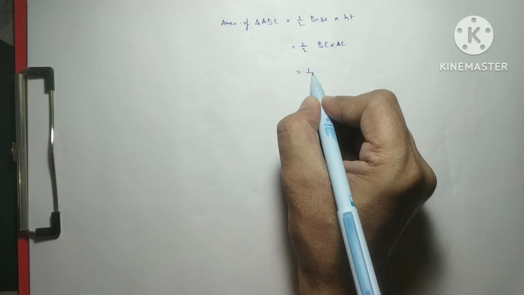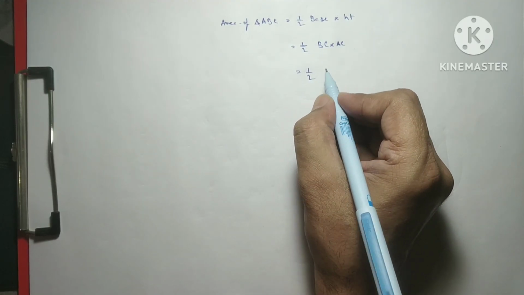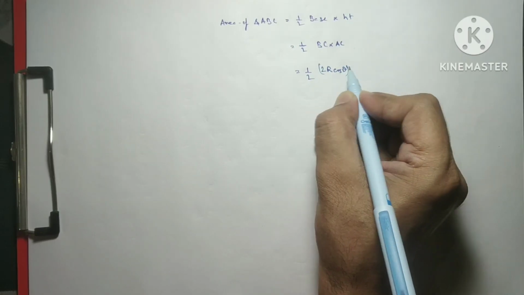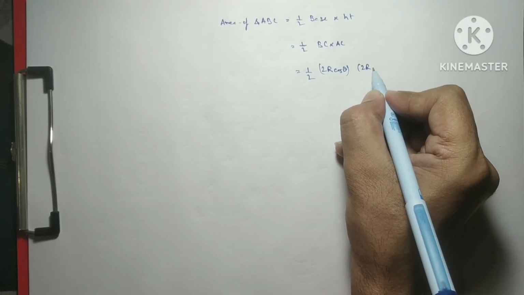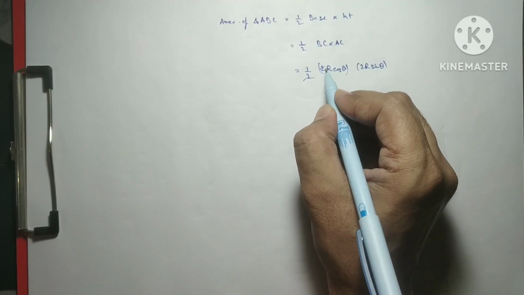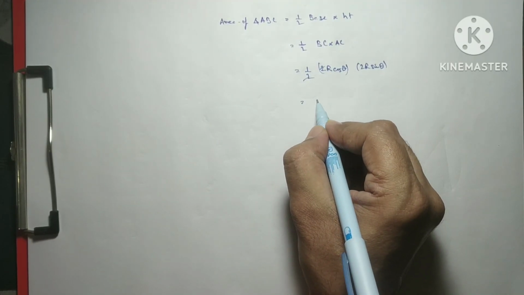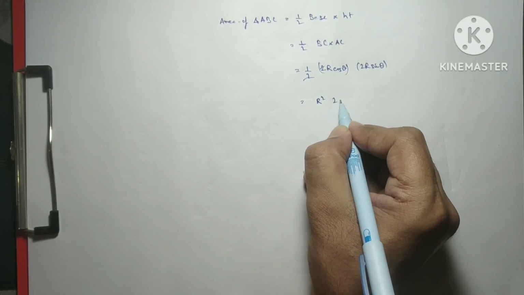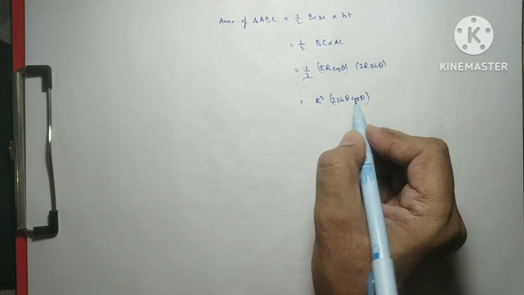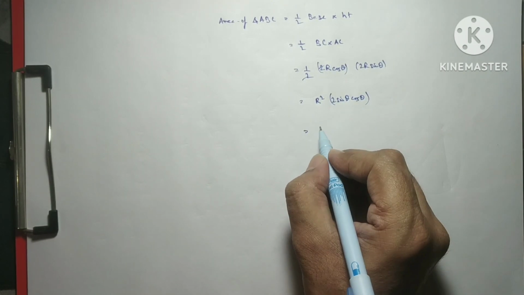On putting the values of BC, that is 2r cos theta, and AC is 2r sin theta, and on cancelling this 2, we get r square 2 sin theta cos theta, and this is the formula of sin 2 theta.